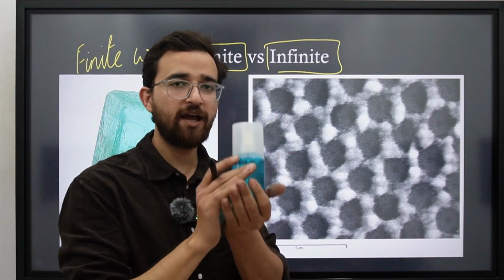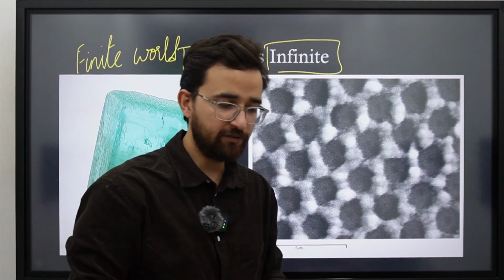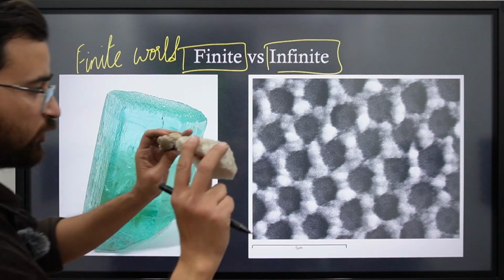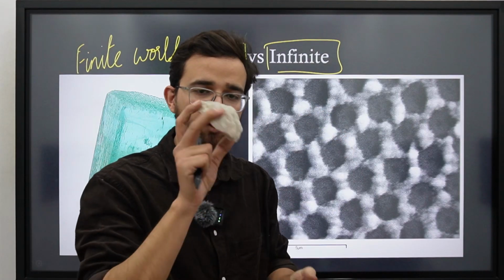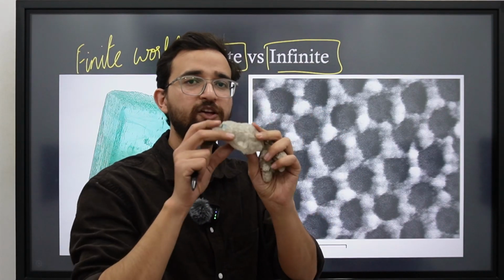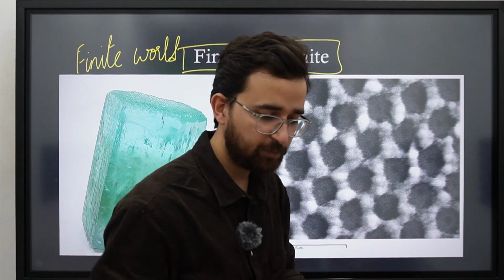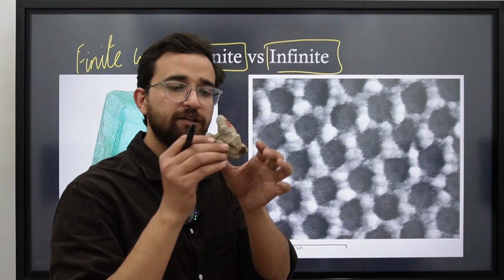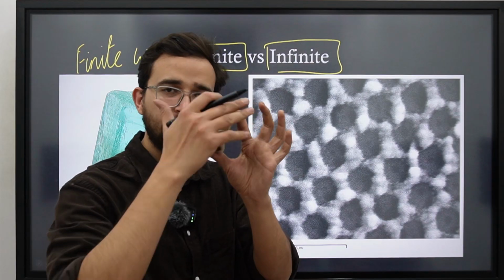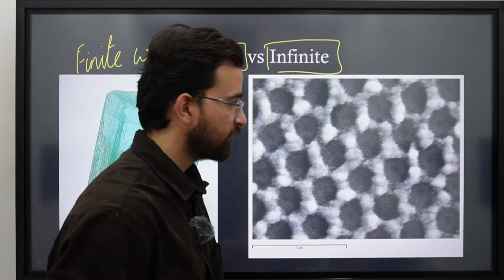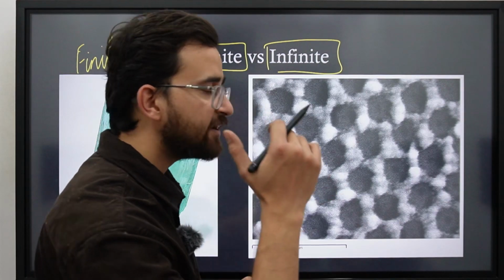I can hold it in my hand. If you look at these hand specimens, you can actually grab them in your hands. You can see where they are ending in 3D space. Where this pseudomorph of staurolite is ending, you can see with your eyes. So these are examples of the finite world.